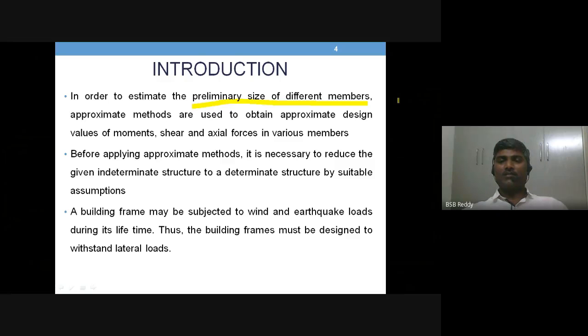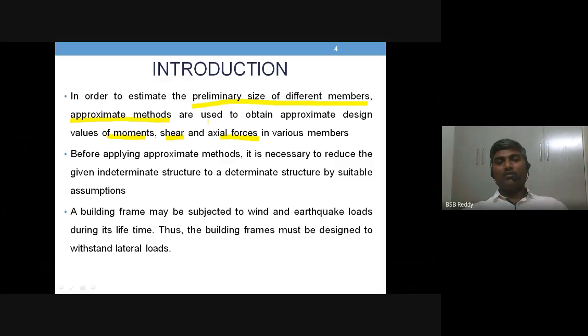In the same way, you need the preliminary size of members to have an approximate estimate of the bending moments, shear forces, and axial forces in various members. This is what is required. Is it clear now?